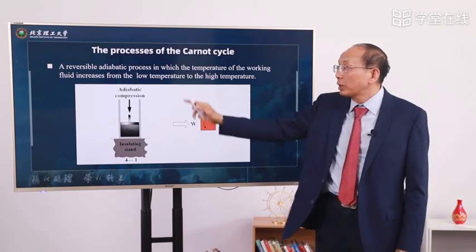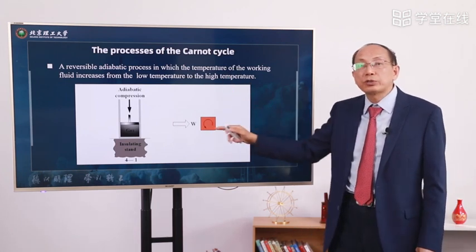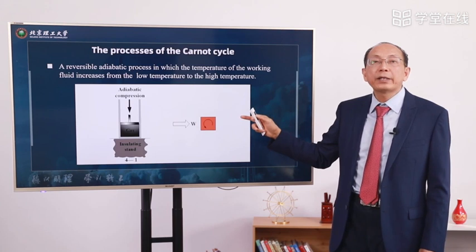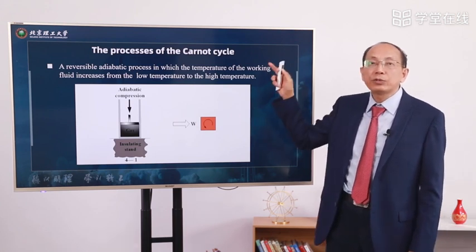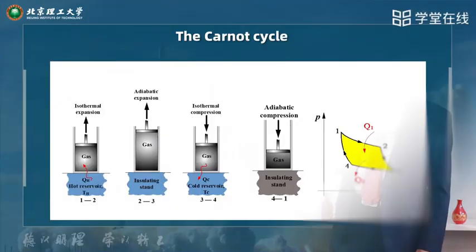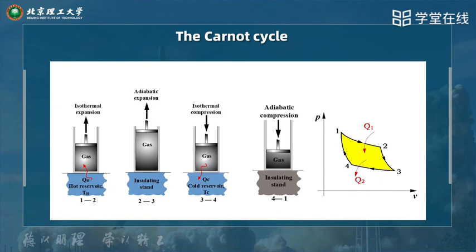So the Carnot cycle includes two adiabatic processes and two isothermal processes. Because these four processes just come from his head, it's not a real process.